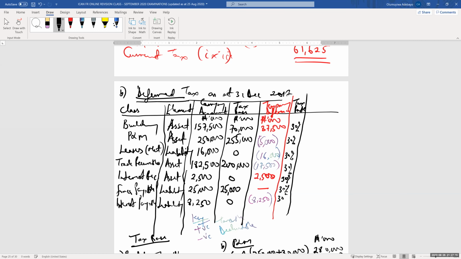Right. Therefore, what is my deferred tax? The one that is taxable, which is in red, positive red, will give me deferred tax liability. Is that not so? 30% times 87,500.